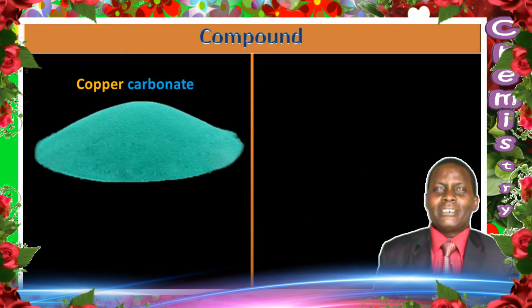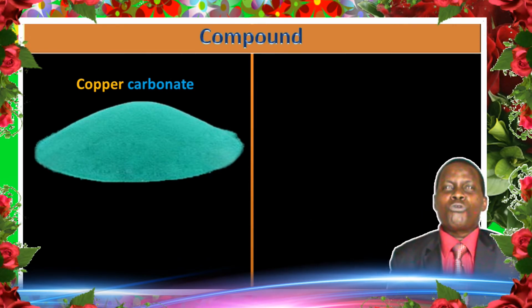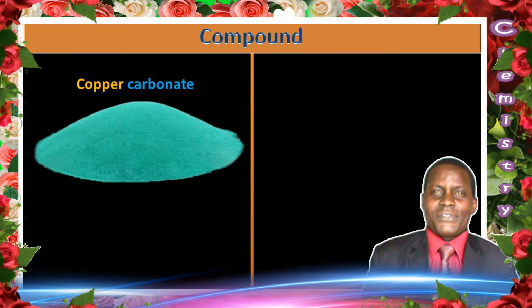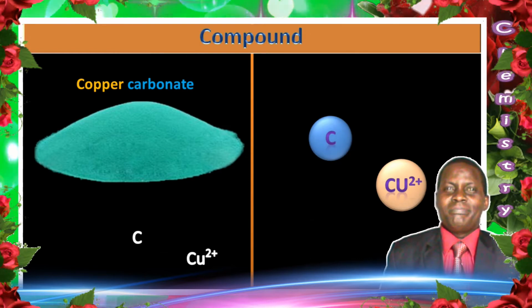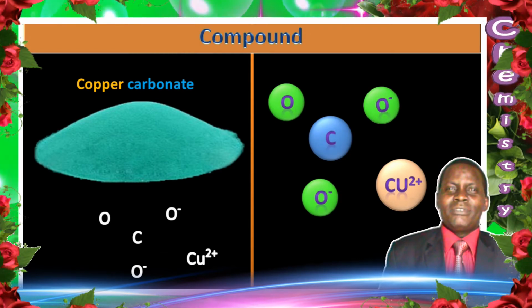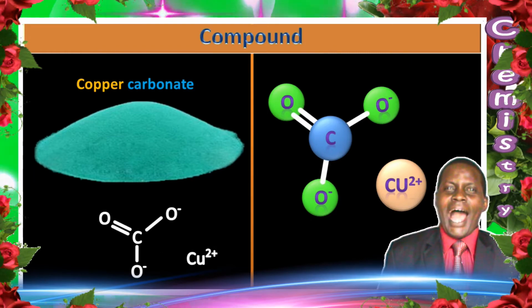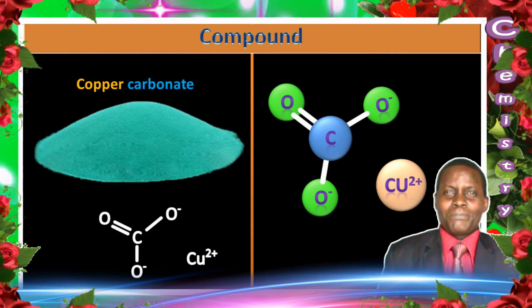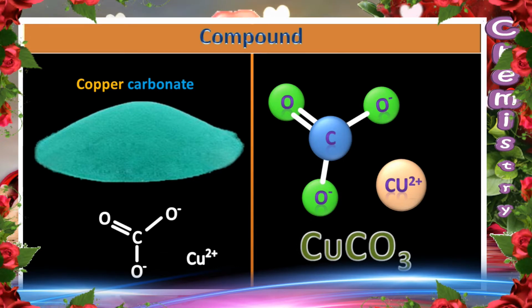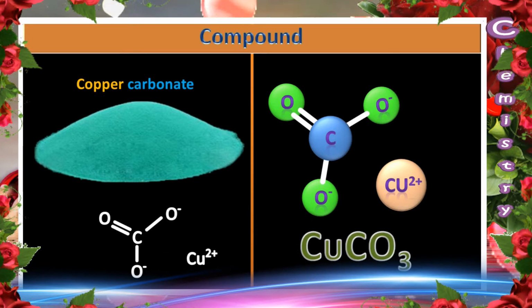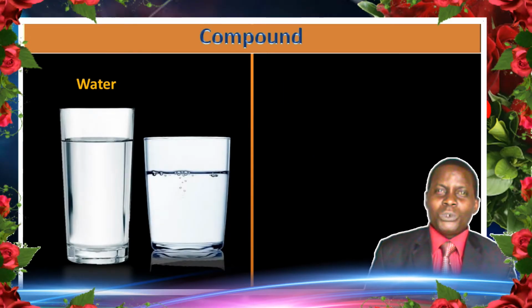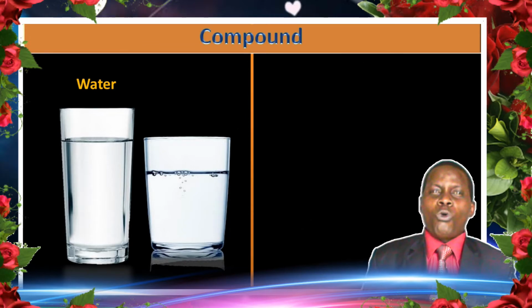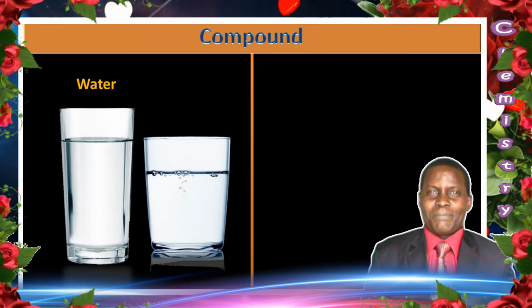Copper carbonate is made up of three elements, which are copper, carbon, and oxygen. These three elements are chemically combined together to form the compound copper carbonate.